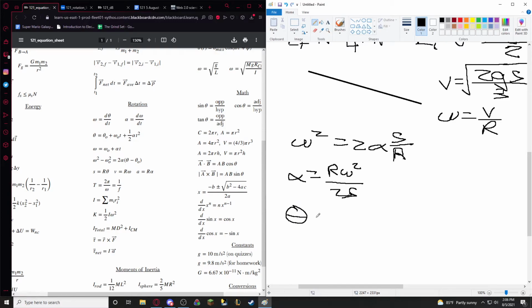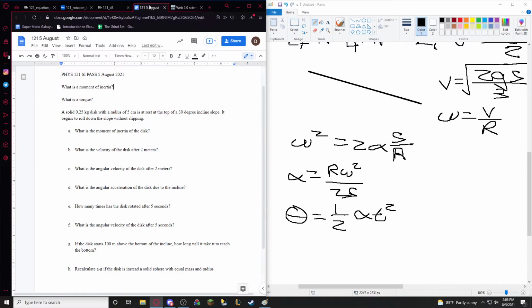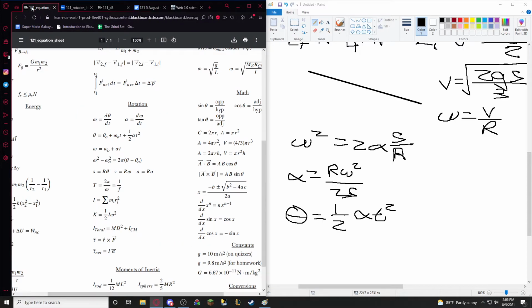So theta is equal to half alpha t squared. How do we go from radians rotated to the number of times the disk rotates? We would just divide it by 2 pi.